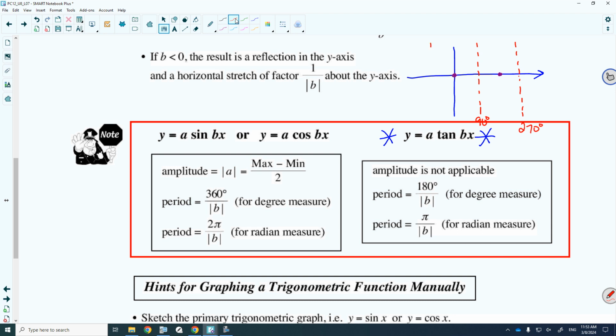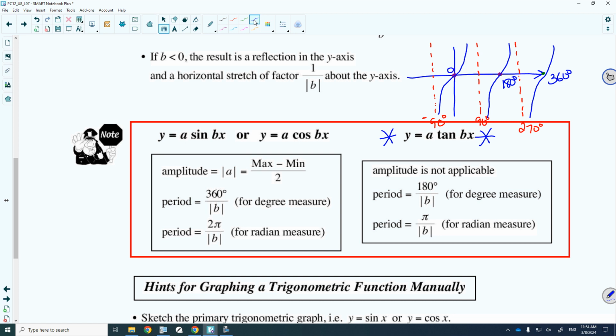Negative 90 is a VA. 360 is an x-intercept. So this is what a tan graph looks like.